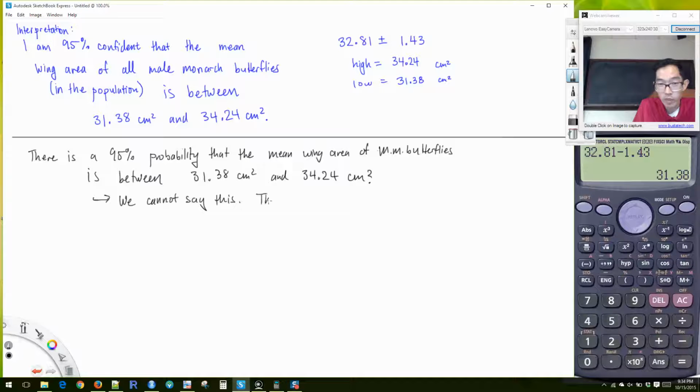Okay. The mu of the population is some fixed value that has no uncertainty associated with it.